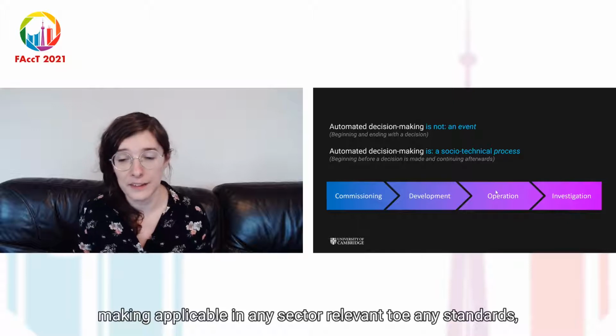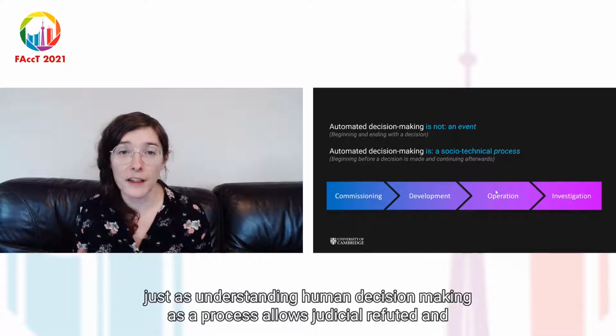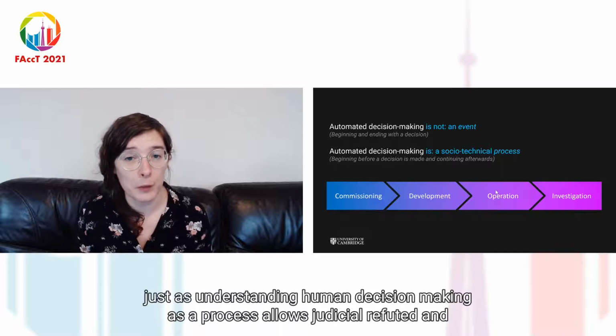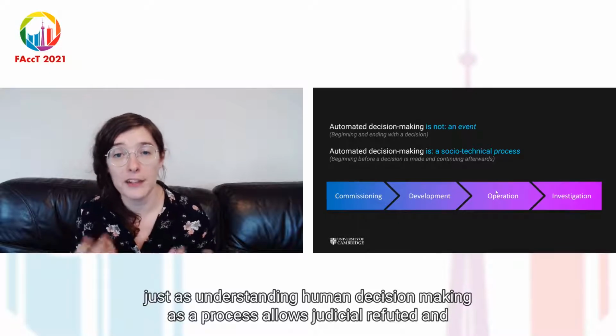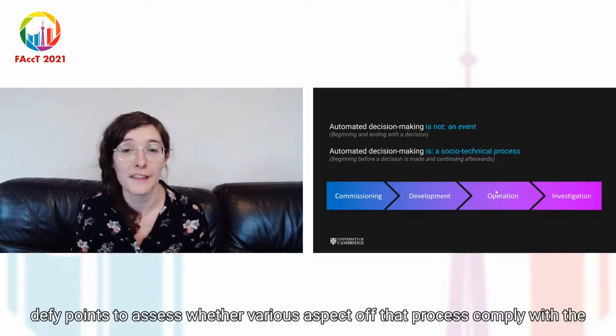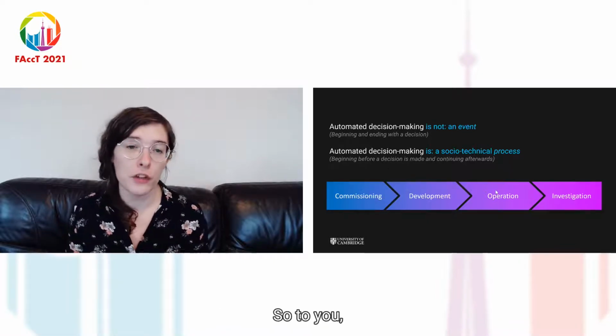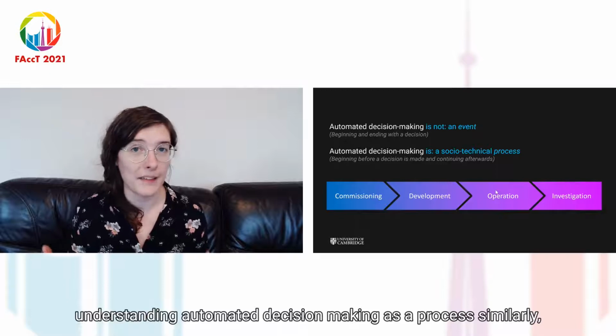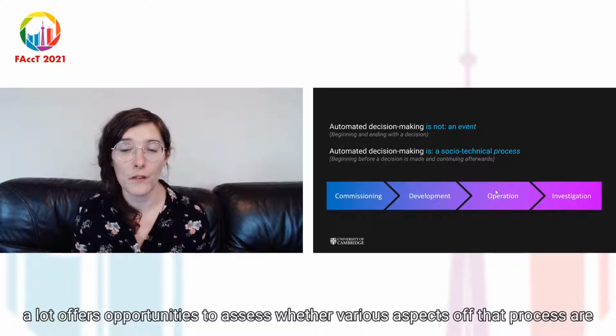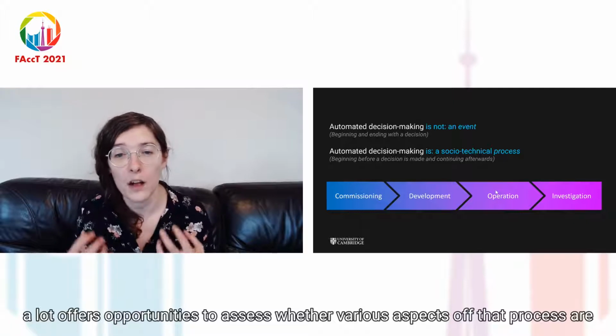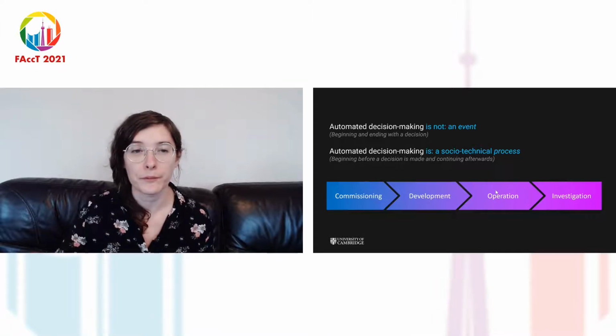Just as understanding human decision-making as a process allows judicial review to identify points to assess whether various aspects of that process comply with the law, so too understanding automated decision-making as a process similarly offers opportunities to assess whether various aspects of that process are working as they should.